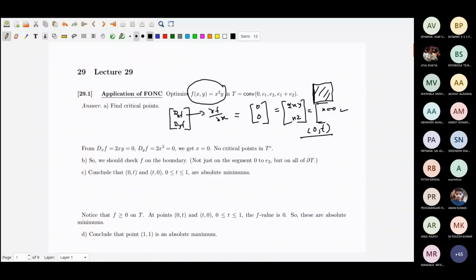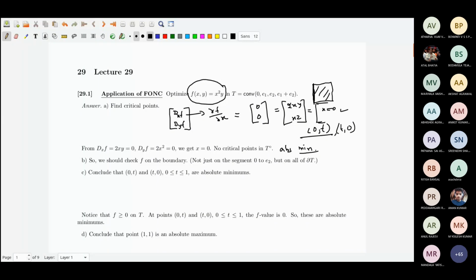So we conclude that at points like (0, t) or points like (t, 0), these are points of absolute minimum, because the function is non-negative over the region, and here the function is 0. So that's not a big thing.